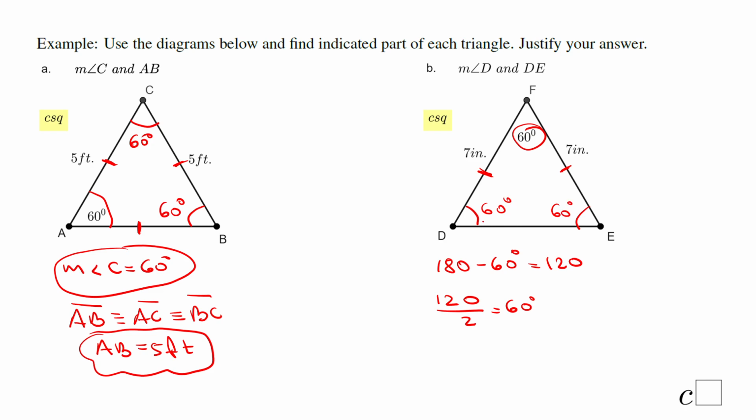Okay, so in fact this isosceles triangle is an equiangular triangle, which means it is an equilateral triangle. This also is congruent to the other two. So the measure of angle D is 60 degrees. We proved that. And DE, the length of DE will be 7 inches.